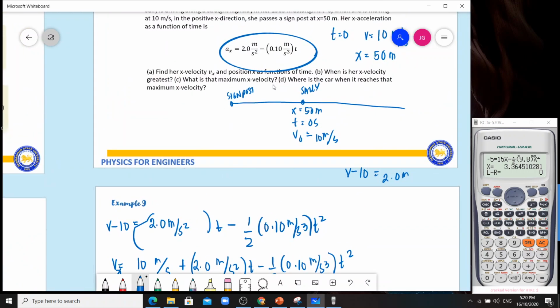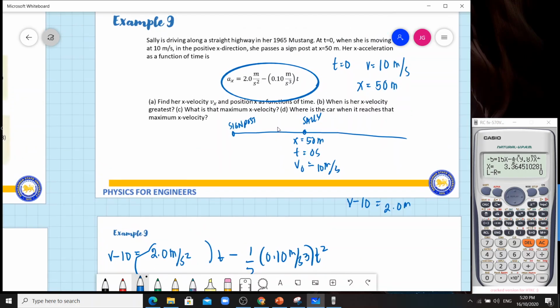When is her x velocity greatest? Okay. So, sabi niya dito, Sally is driving along a straight highway and at time 0 when she is moving at 10 meters, she passes a signpost. Her x acceleration as a function of time is ax.